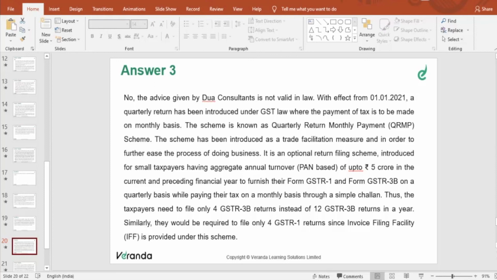I can take the option that in Tamil Nadu I'll fall under the QRMP scheme, in Karnataka I would prefer to go by the normal scheme itself, monthly filing, and in Delhi again I might want to take QRMP or monthly filing. So your eligibility is based on PAN-wide India turnover, but your option is state GSTN-wise.